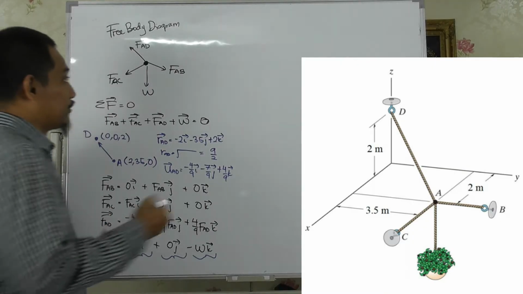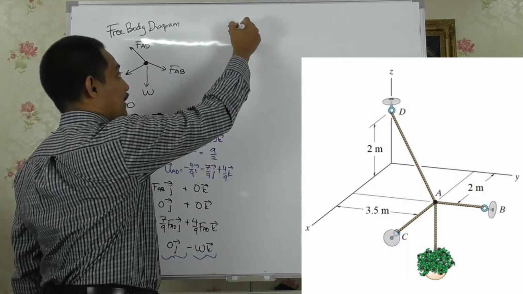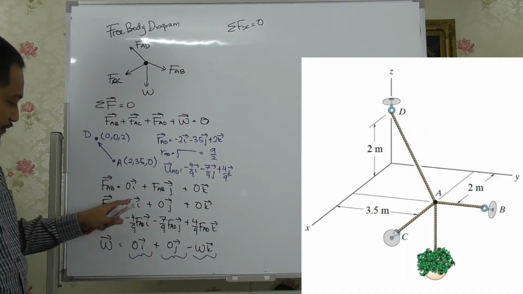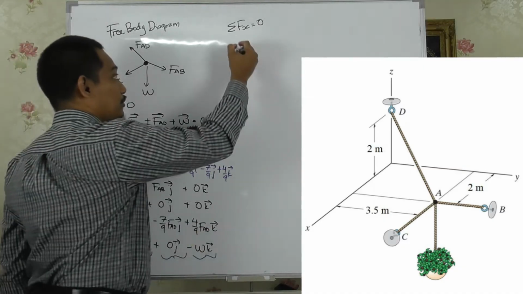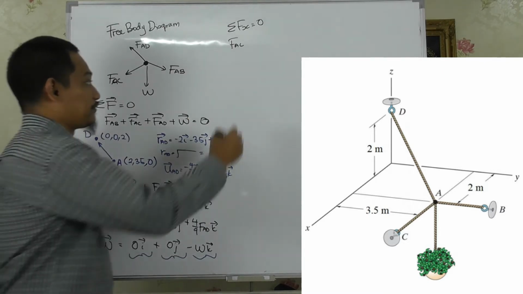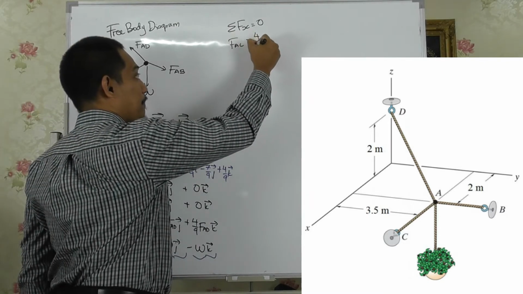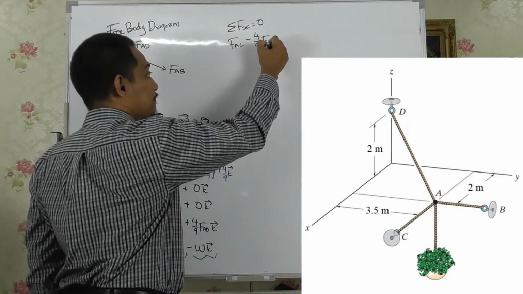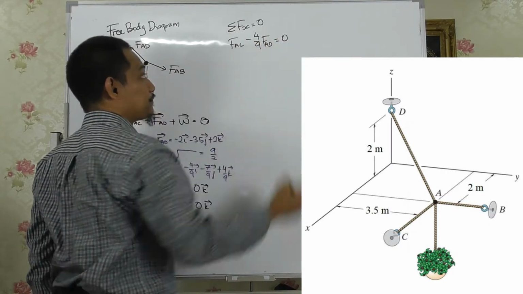So we will do this one. Summation of Fx equal to 0. Then we'll have all of this, right? Add it up. So FAC minus 4 over 9 FAD equal to 0.